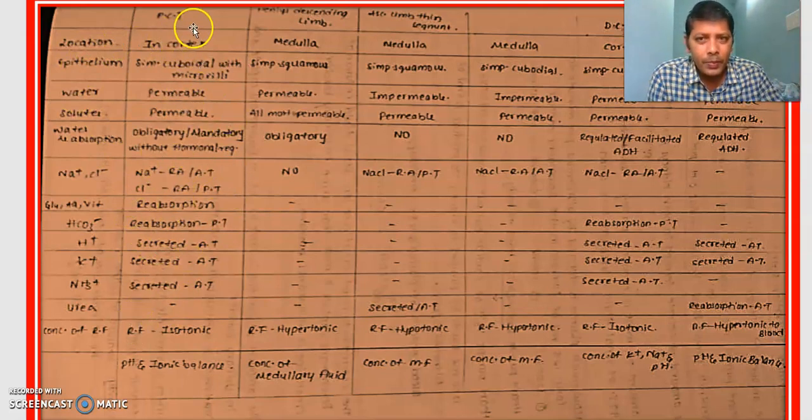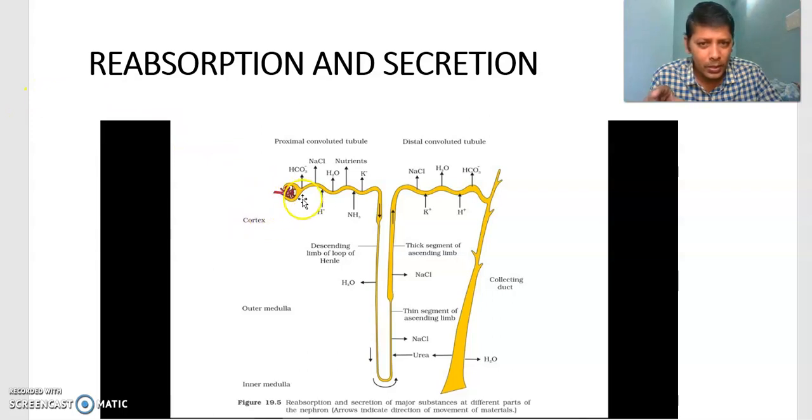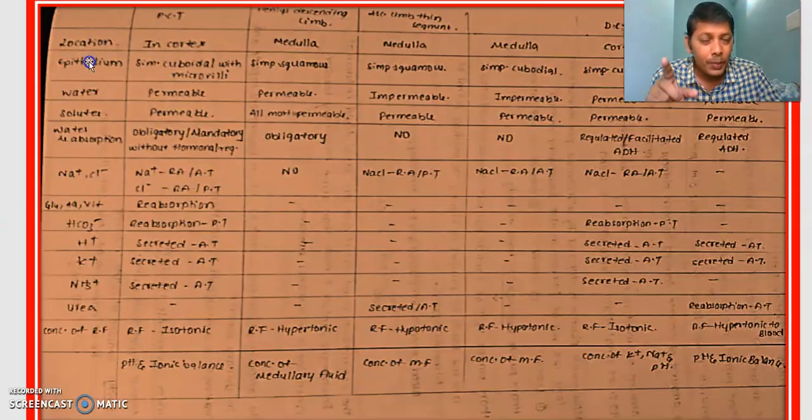Where is PCT? PCT, proximal convoluted tubule, the first convoluted tubule, is in the cortex. I showed you here. This is the cortex part, this is the medulla, outer medulla, inner medulla. It is in the cortex. Second point, epithelium. We are talking about the histology of the nephron. It is made up of simple cuboidal epithelium with microvilli.